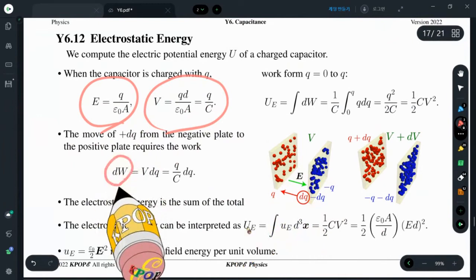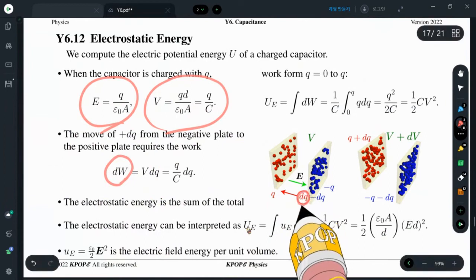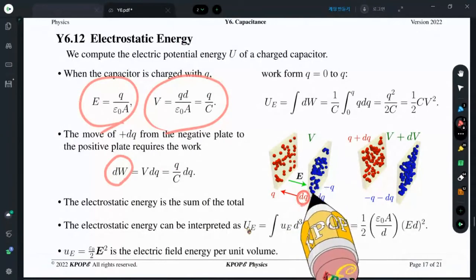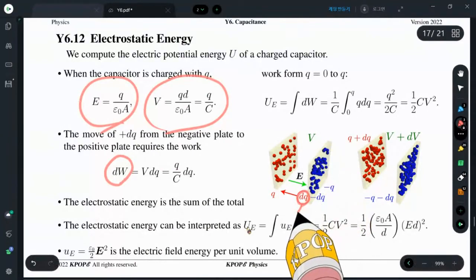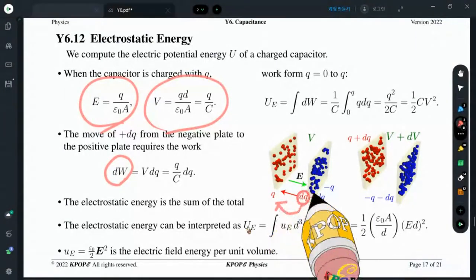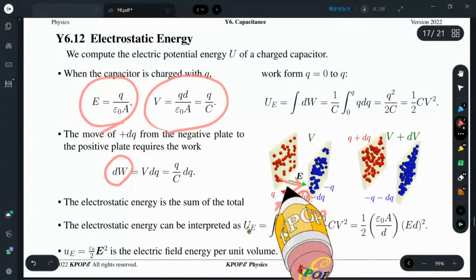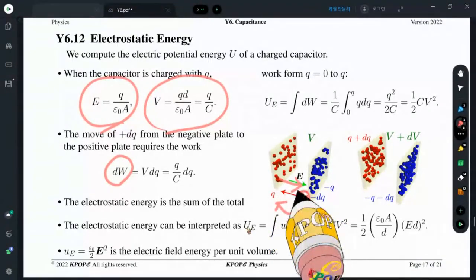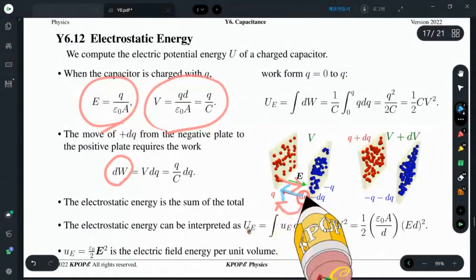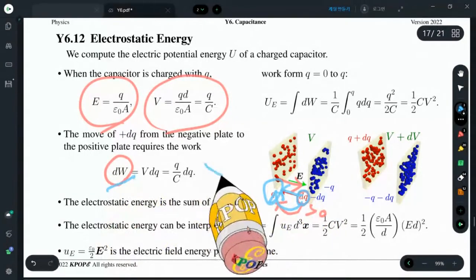The work necessary to bring a small amount of positive charge from the negatively charged plate to the positively charged plate: because this is positive and the electric field is like this, you have a repulsive force. You have to work against the repulsive force to bring this charge there. So you need to do work that is positive.